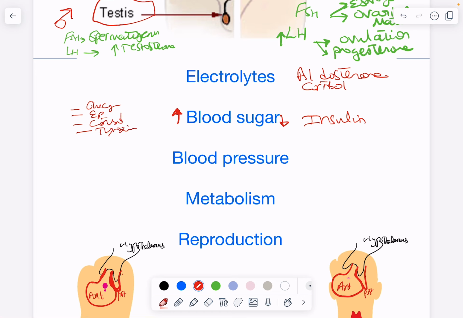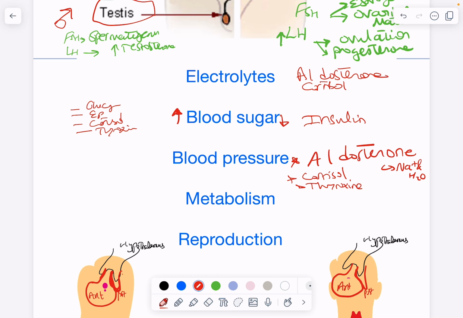How about blood pressure? Mainly that's through aldosterone because it increases blood volume through salt and water retention. But at the same time, don't forget cortisol, don't forget thyroxine, because cortisol, guys, increases the action of catecholamines on the blood vessels, leading to vasoconstriction.